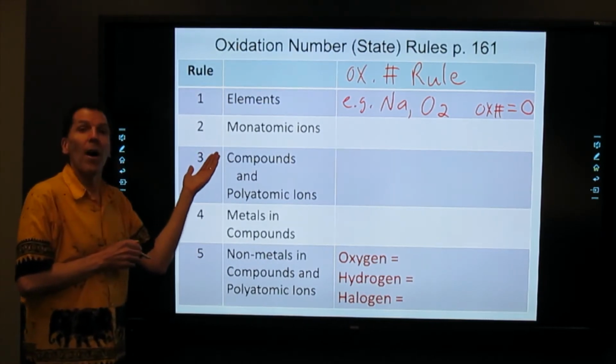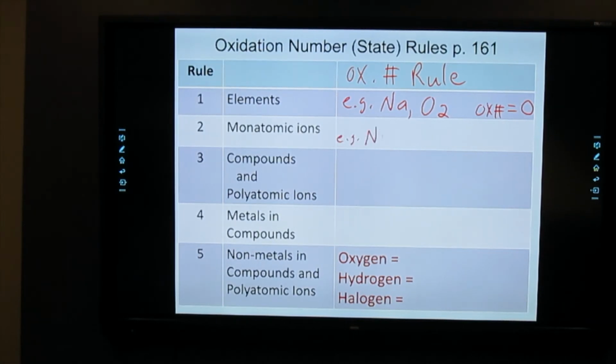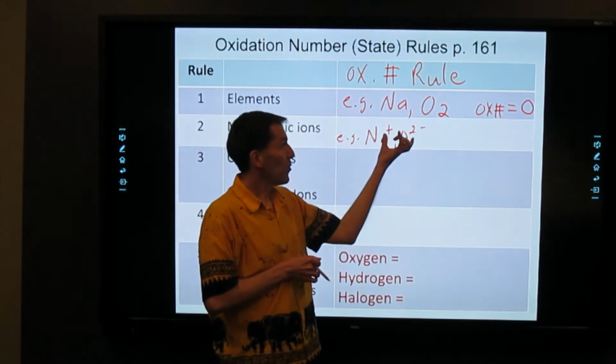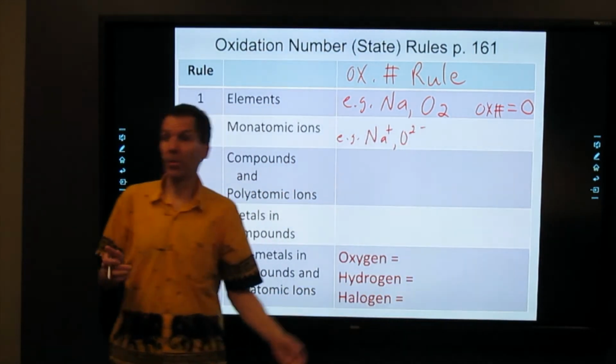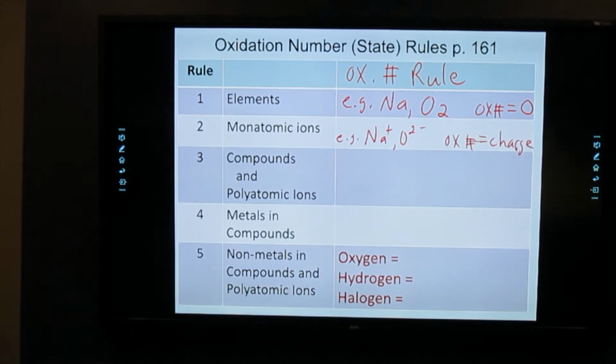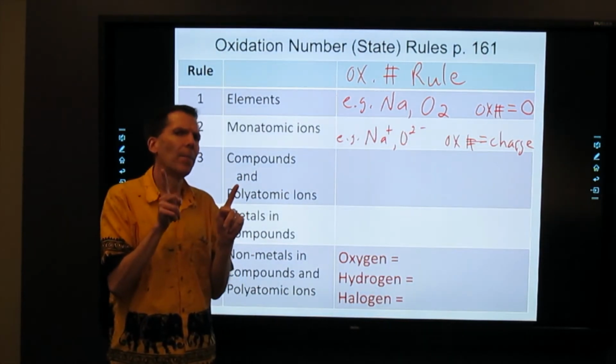When you do have a monatomic ion, for example, Na plus, O2 minus, these are also quite straightforward because whatever charge is written by them is the oxidation number. And so these are for just monatomic ions though.